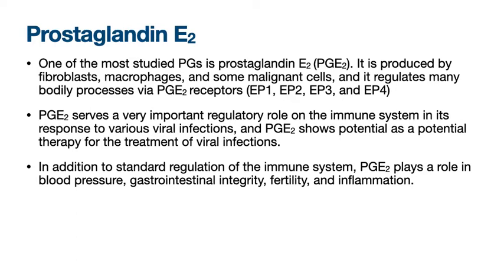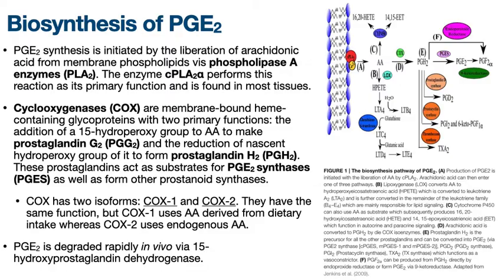But in addition to this viral infection response, PGE2 also plays a big role in other necessary bodily processes, like regulating blood pressure, gastrointestinal integrity, fertility, and inflammation responses. Those are all very key processes to our continued survival, so obviously prostaglandin E2 is very important in the human body.